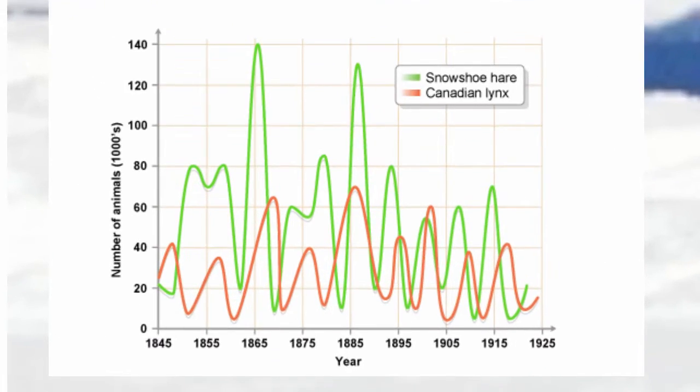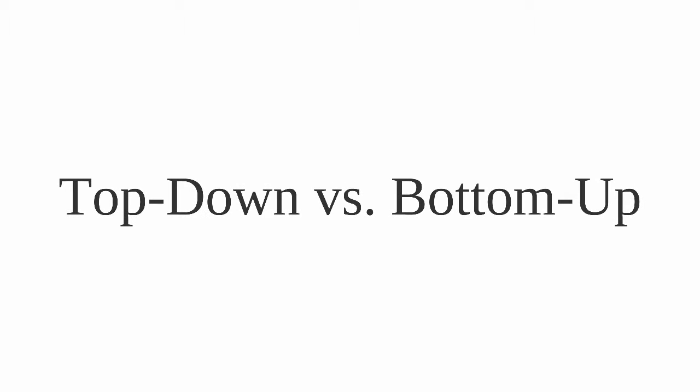And remember, I talked about this and I termed predator control of prey numbers as what is known as top-down control, and prey or resource-based control of predators is bottom-up control.